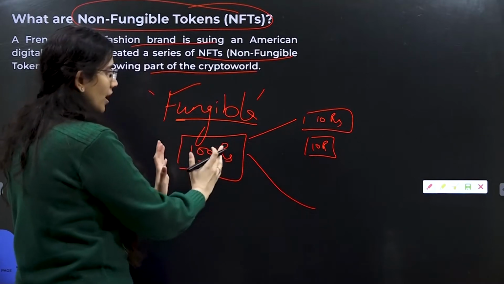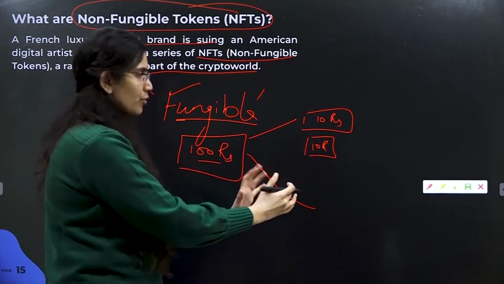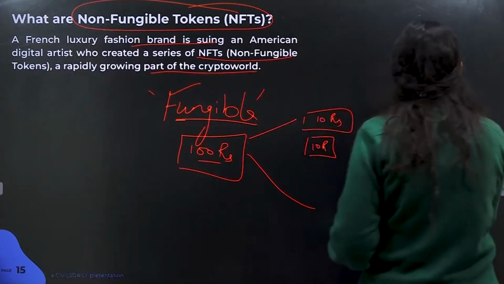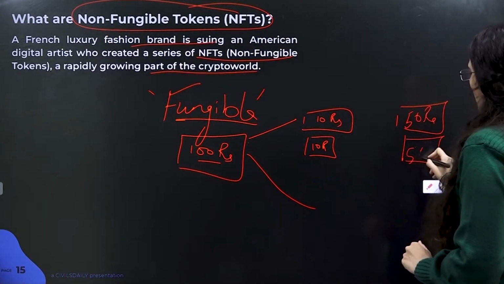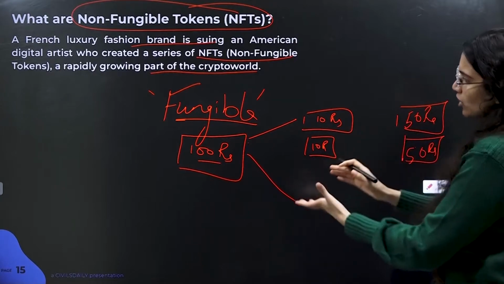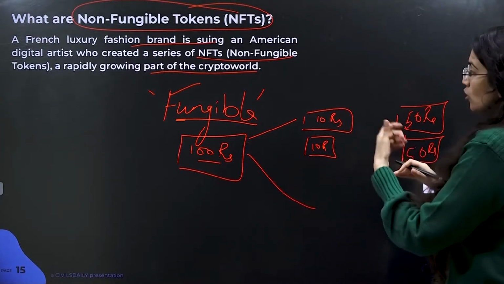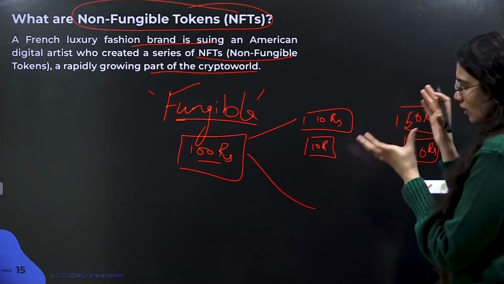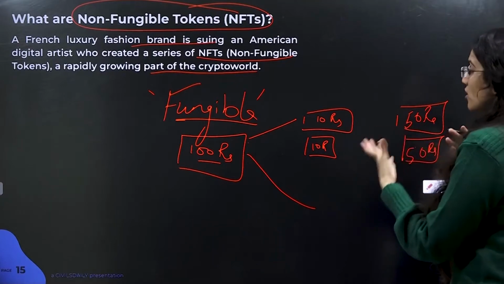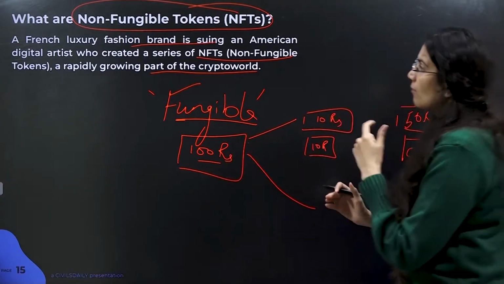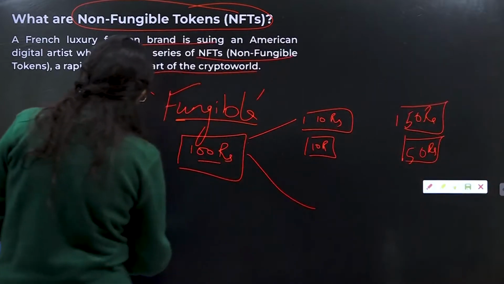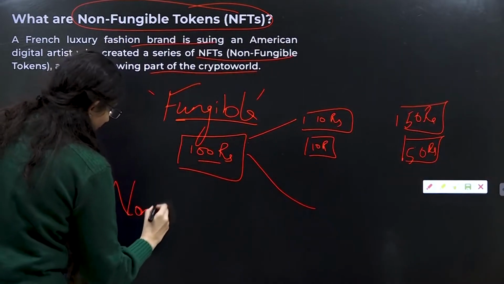That means this product can be divided into multiple different products. Also, you can have two 50 rupee notes, which can be exchanged for this 100 rupee note, right? So the idea is fungible is something that can be divided or exchanged, like this can be exchanged for this. But in case of something that is non-fungible, right?